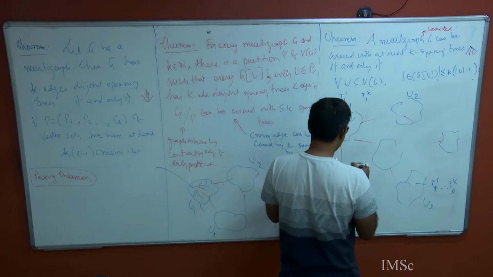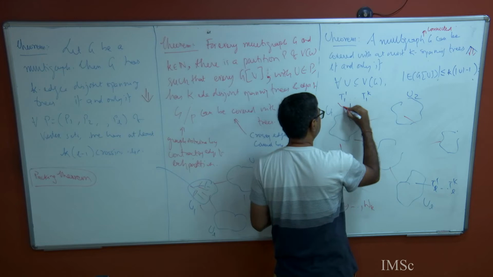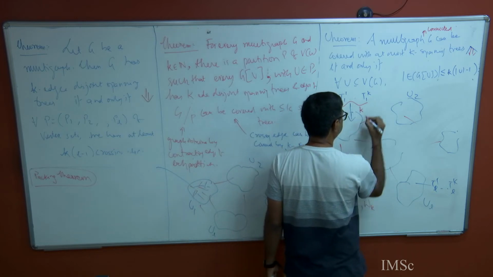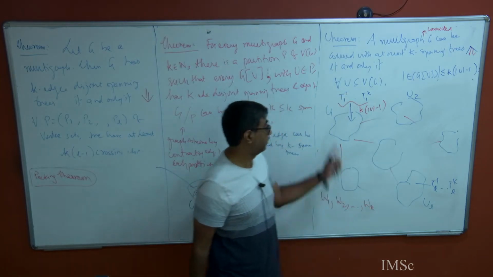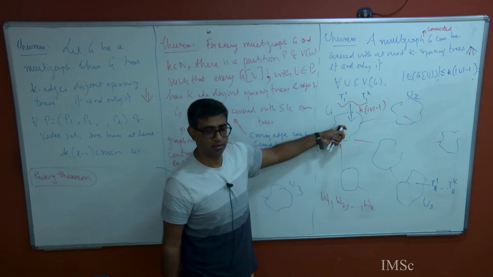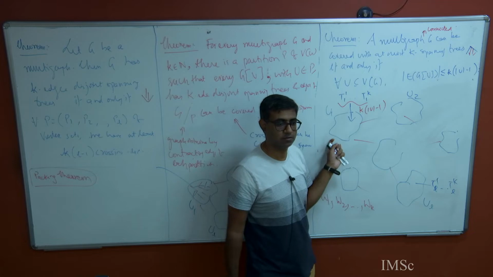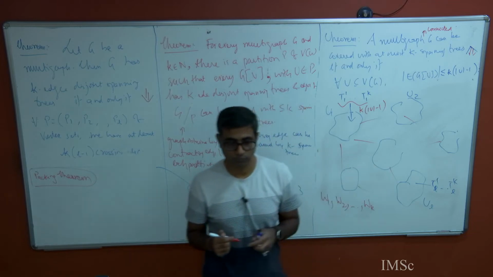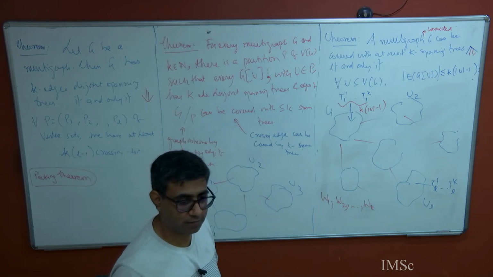Now, how many edges do these guys have? k times, right? Because they are edge disjoint spanning trees. And how many edges are allowed to be here? Every induced graph U contains how many edges? You look very confused, Pratik.